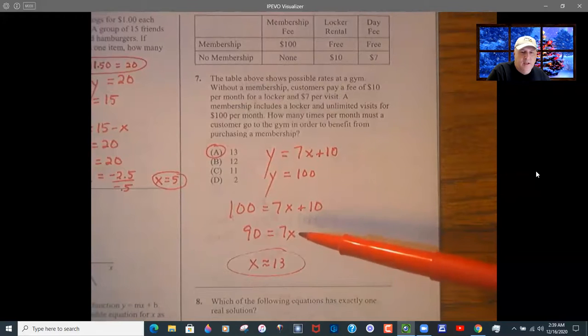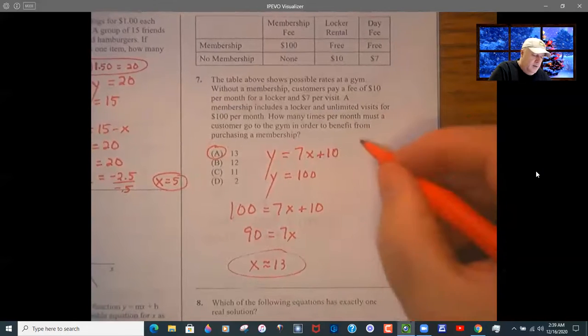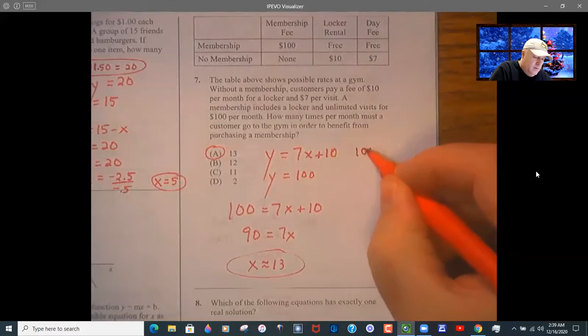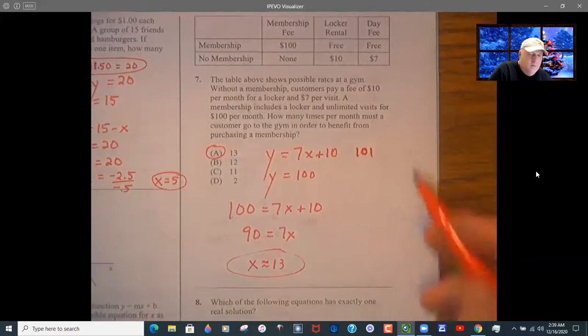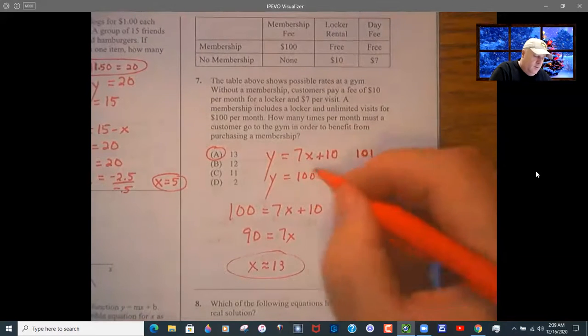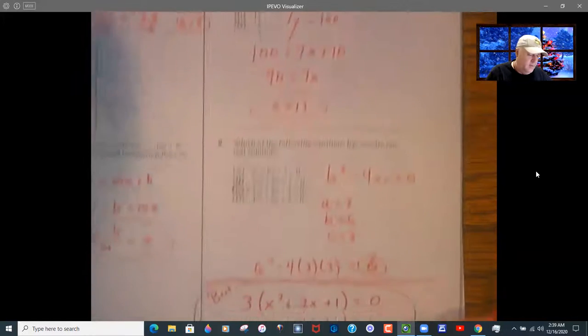And 12 won't quite do it. You want it to be 13, because with 13, the top would be 91 plus 10, 101. So then purchasing the membership for $100 would be better. So 13 is that choice that you want to make there.